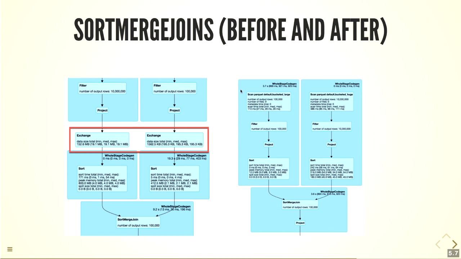Yes? Are there circumstances in which you need to rebucket existing columns, or is it automatically done? Okay, so if I understood this question correctly, the question was about how to pick the bucketing columns, and is it more so, is the bucketing an ongoing mechanism, or is it something that you have to rebucket once the data changes?